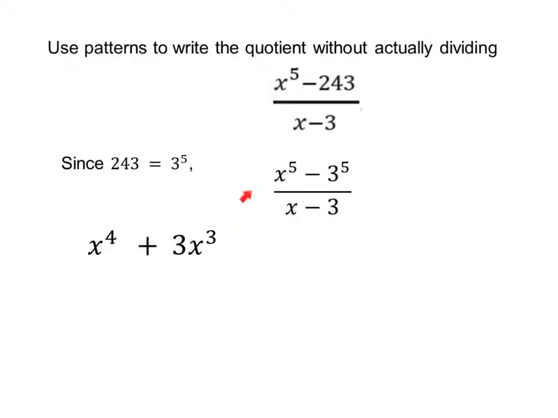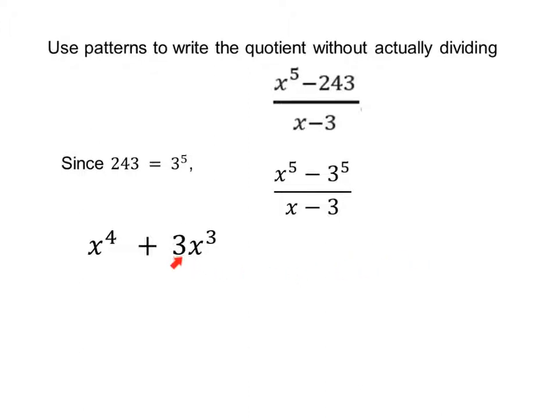The next term is going to be formulated by making the exponent of x go down by 1. We started with 4. The next one will be x to the 3rd, and the next one after that will be x to the 2nd, x to the 1st, and then x to the 0.